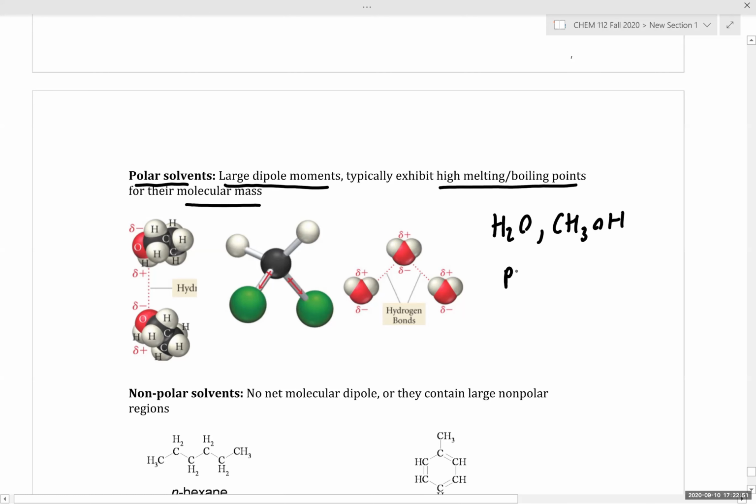We call these polar protic solvents because they can engage in hydrogen bonding and they can exchange their proton in acid-base processes, while molecules such as dichloromethane are considered polar aprotic. They engage strictly with dipole-dipole interactions for the most part.